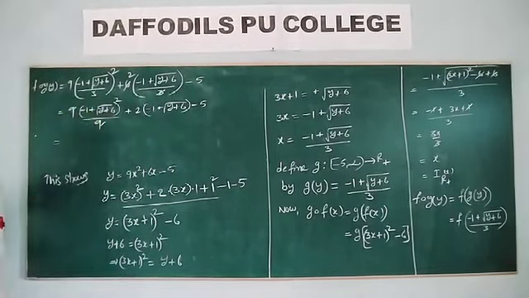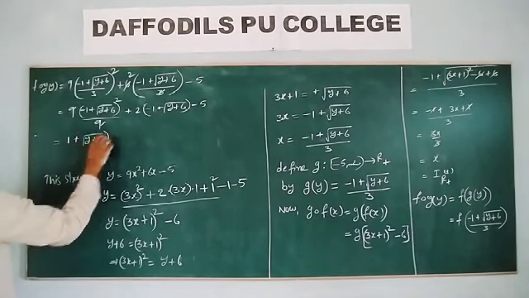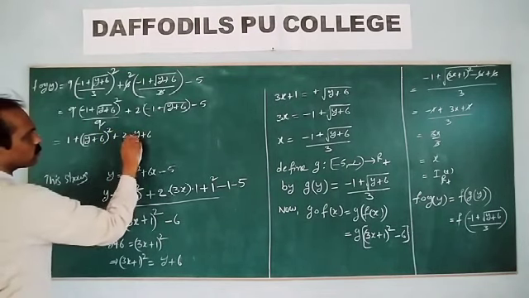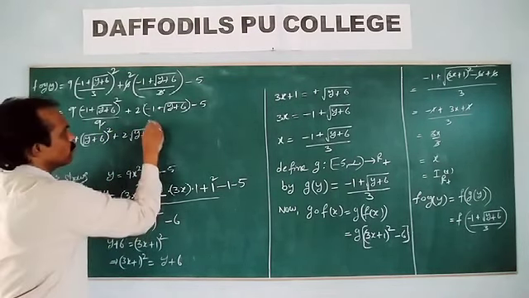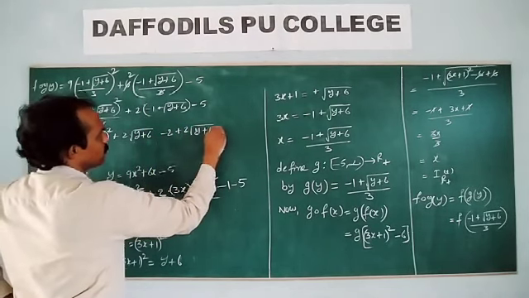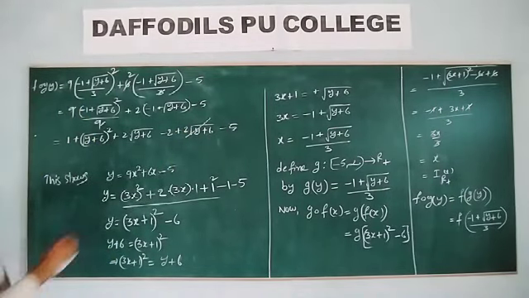(A plus B) whole square is A square plus B square plus 2AB. So minus 2 plus 2 times root of y plus 6, minus 1, 2 into root of y plus 6.